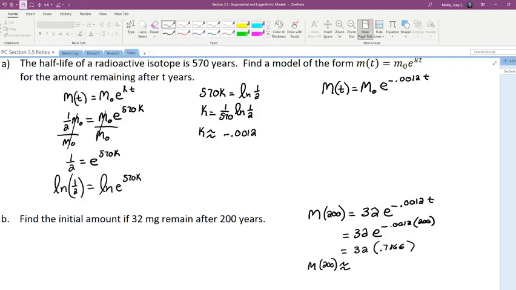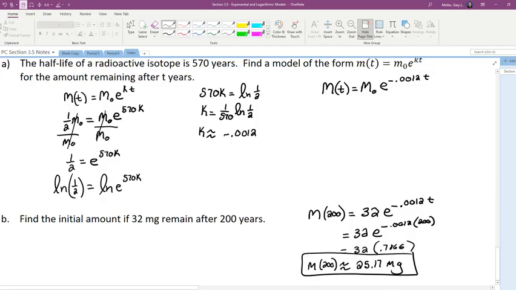So multiply by 32. And it looks like I have about 25.17 milligrams remaining. Okay, I hope that makes some sense. And if you have questions, let's talk about it in class.